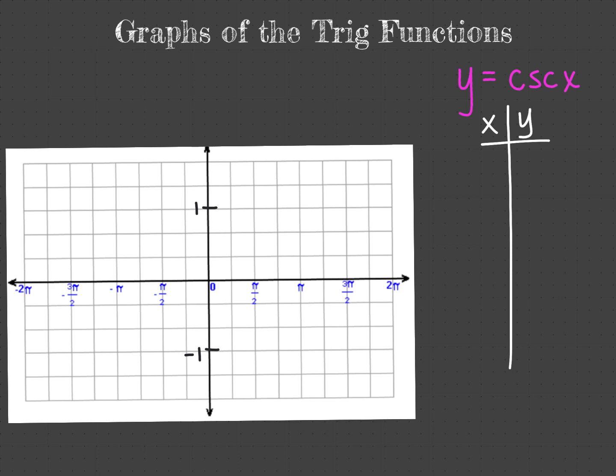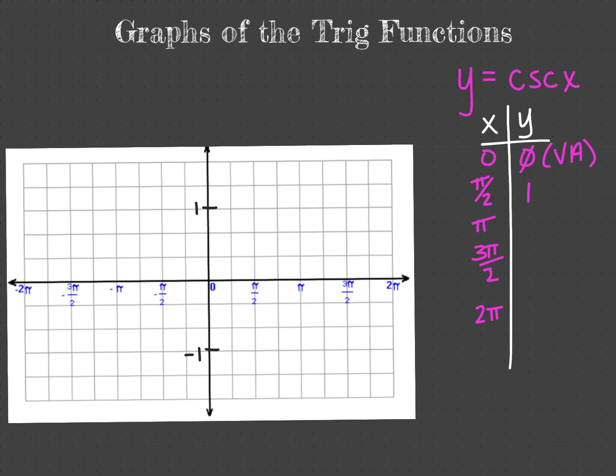Cosecant is the reciprocal of sine, and so when we are filling out our main 5 points here again, what we can do is find out what the sine is at each one of these main points and then take that reciprocal. So the sine at 0 is 0, and therefore the reciprocal of 0 is undefined. So we're going to have a vertical asymptote to start. Then at pi over 2, our sine is 1. The reciprocal of 1 is 1, therefore the cosecant at pi over 2 is 1.